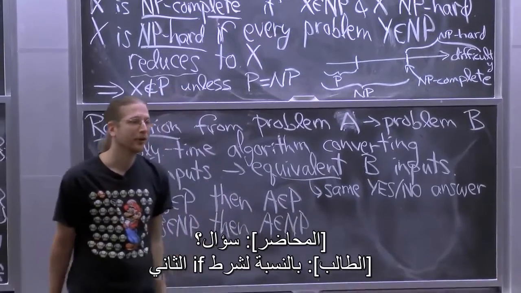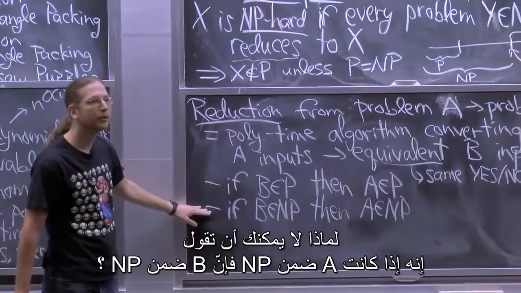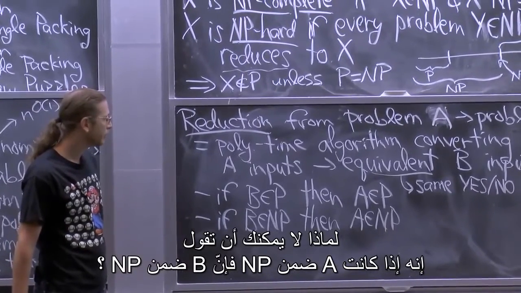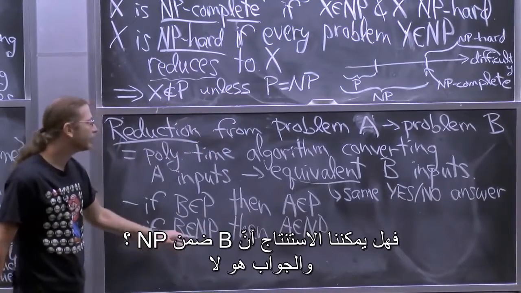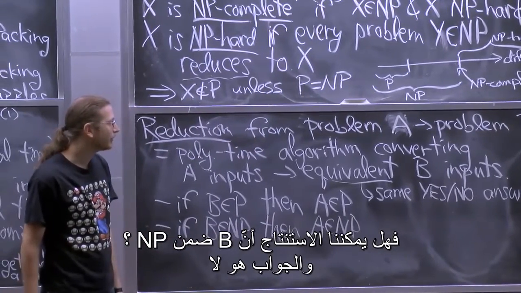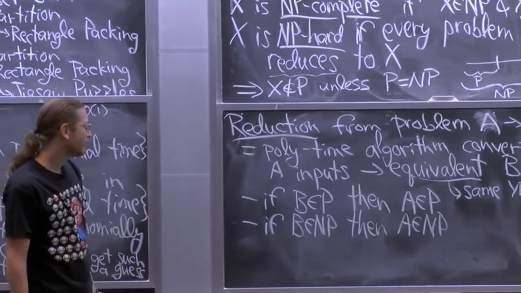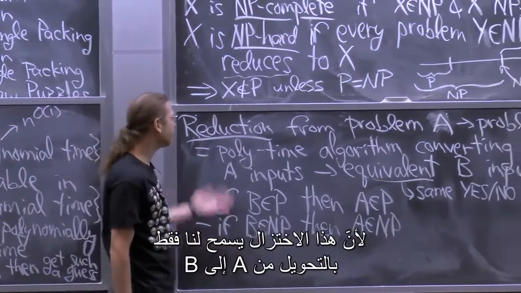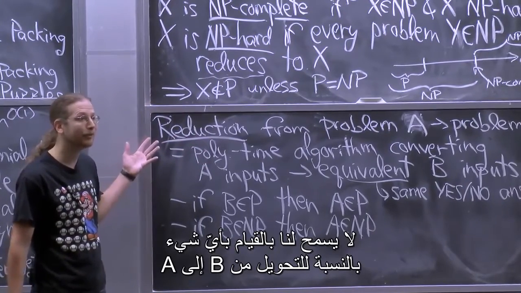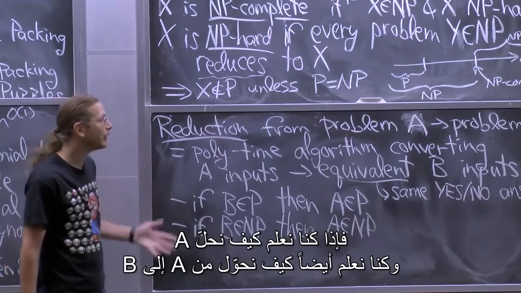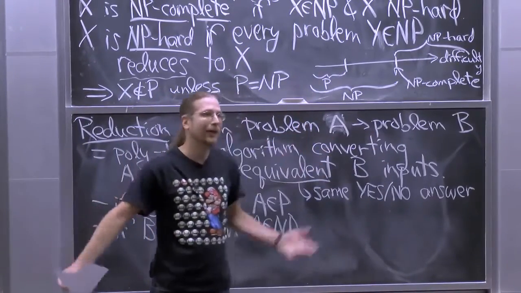Question? For the second if statement, why can't you say that if A is in NP, B is in NP? So you're asking about the reverse question. If A is in NP, can we conclude that B is in NP? And the answer is no. Because this reduction only lets us convert from A to B. It doesn't let us do anything for converting from B to A. So if we know how to solve A, and we also know how to convert A into B, it doesn't tell us anything.